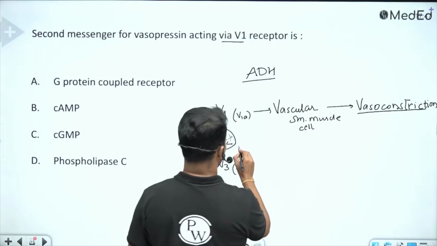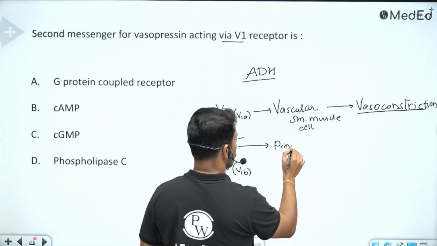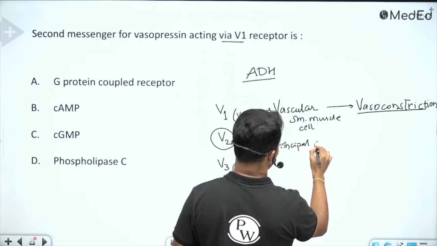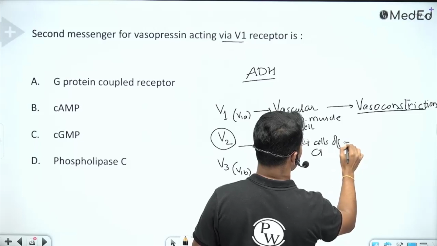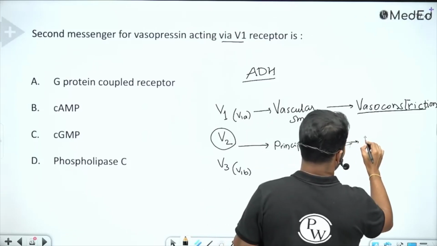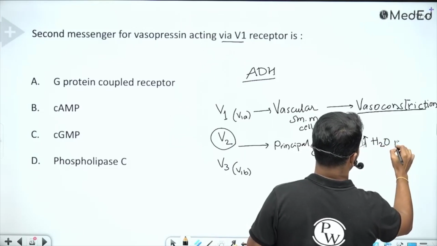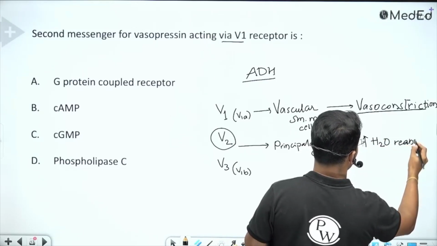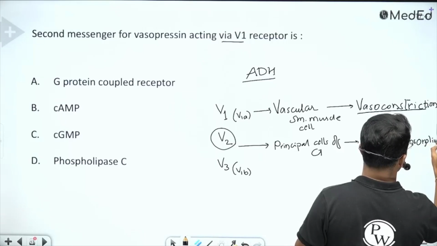Now when it comes to V2, it is expressed in the principal cells of the collecting tubules, where they cause increase in free water reabsorption, right? And thus they will help in regulation of serum osmolality.